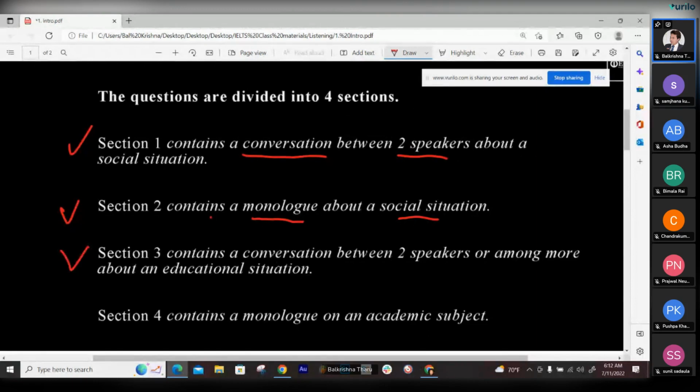Section 3. In section 3, what do you get to listen to? What does section 3 contain? It contains a conversation, but this time between two speakers or among more than two speakers in an educational situation.